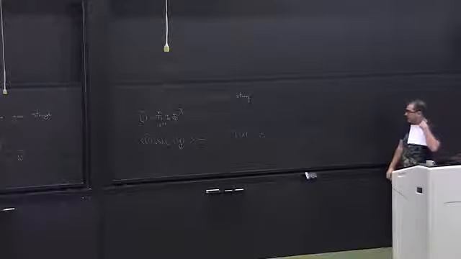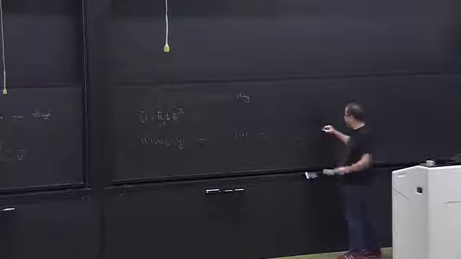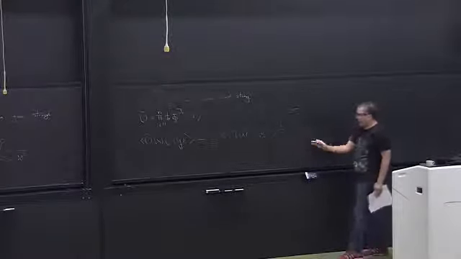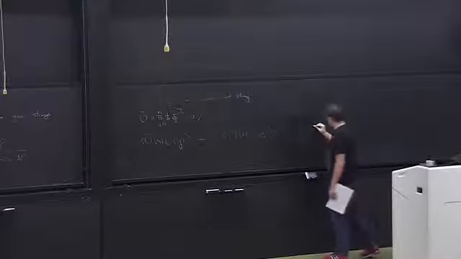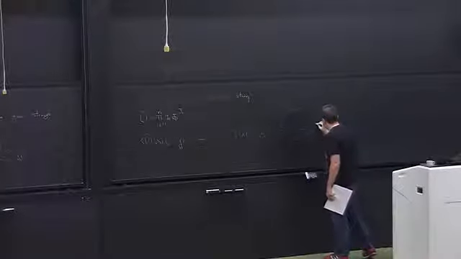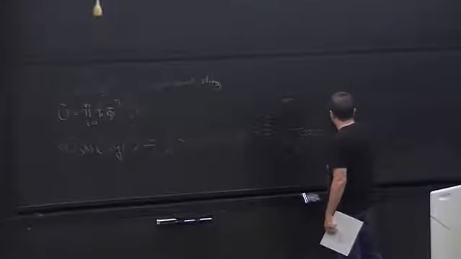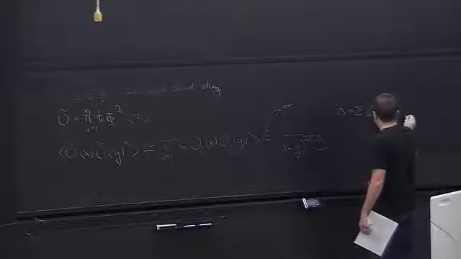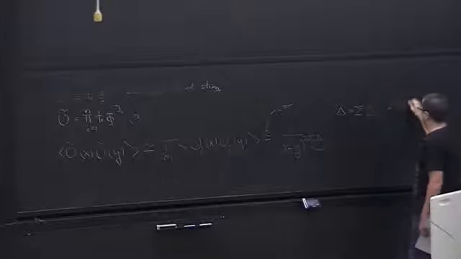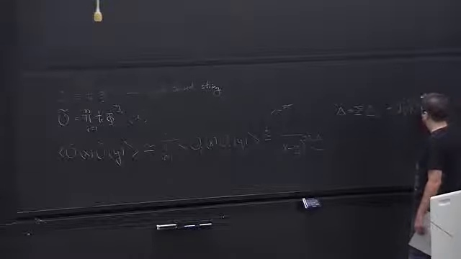So this is in a CFT. If it's not in a CFT, I would just write the product of the disconnected correlators of each of the operators. But what I want to point out here is that these operators would have some dimension, which would be the sum of the dimensions of each constituent, and then there would be corrections that we are not considering of order 1 over N squared.